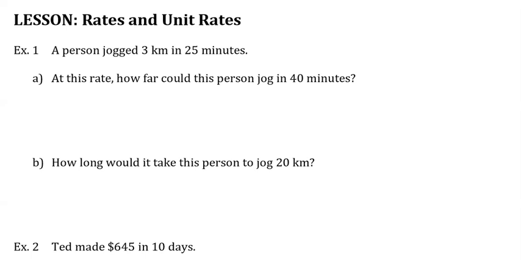So a person jogged 3 kilometers in 25 minutes. At this rate, how far could they jog in 40 minutes? Notice before it was Jim and Tim, and it was both distances. This one is talking distances compared to minutes. Different units, that's what makes it a rate. So the top here is x, how far. So this is a distance on top, and this is time on bottom.